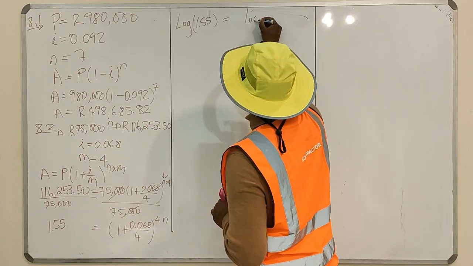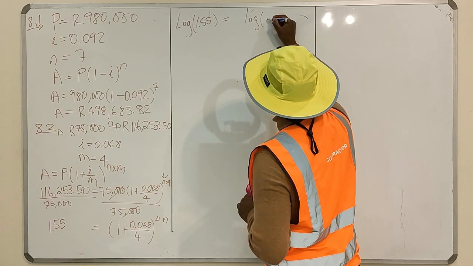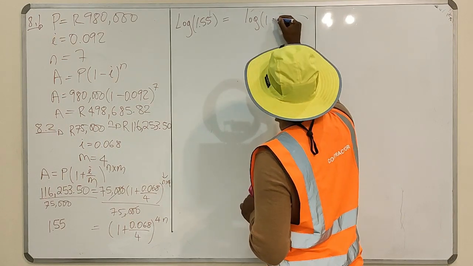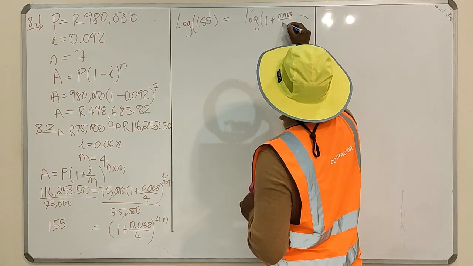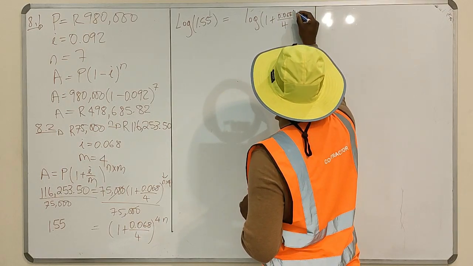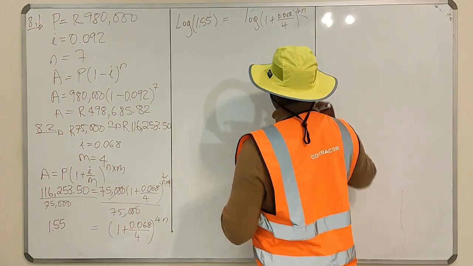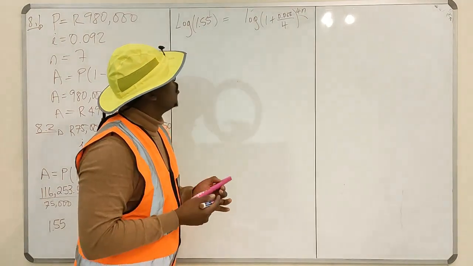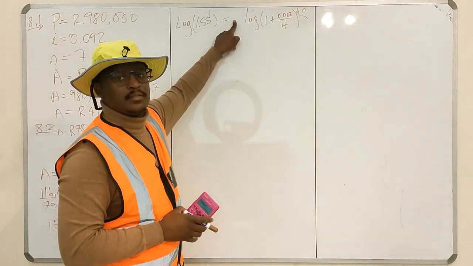So log of 1 plus 0.068 over M, which is 4, all raised to 4N. Once you apply log, whatever is the exponent moves to the front.